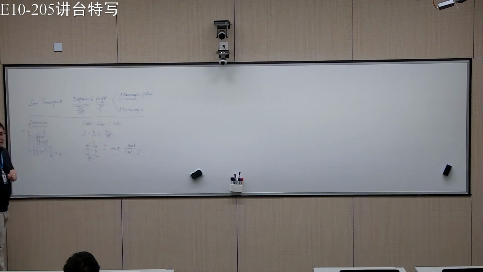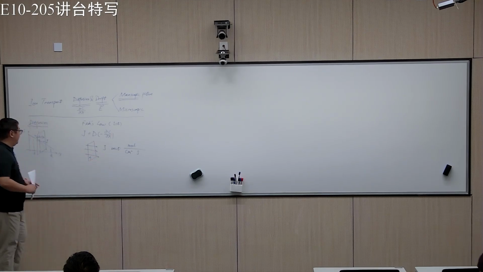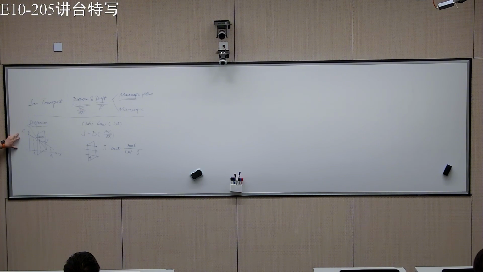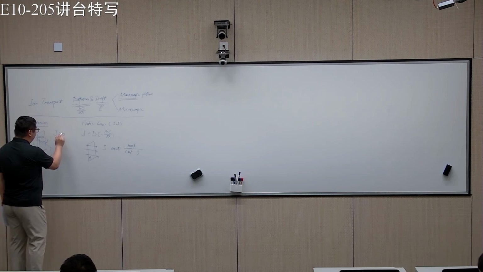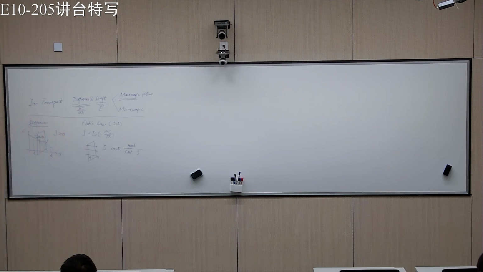This is the unit of the flux. Here the flux is from position 1 to position 2, so the ions diffuse from where the concentration is high to where it is low. In this case J is positive, going in that direction.